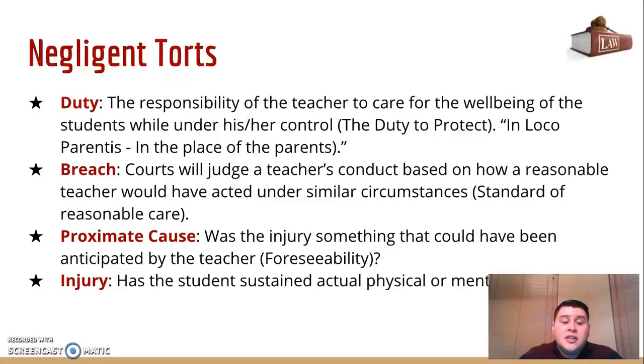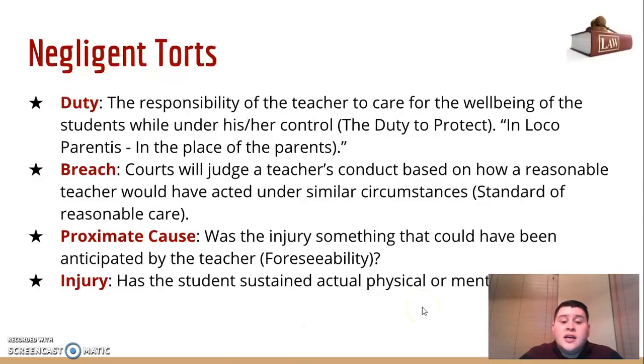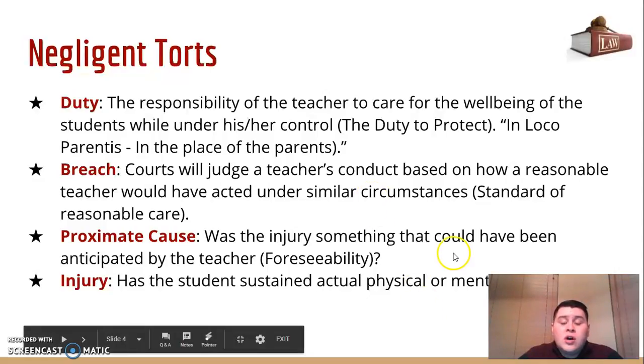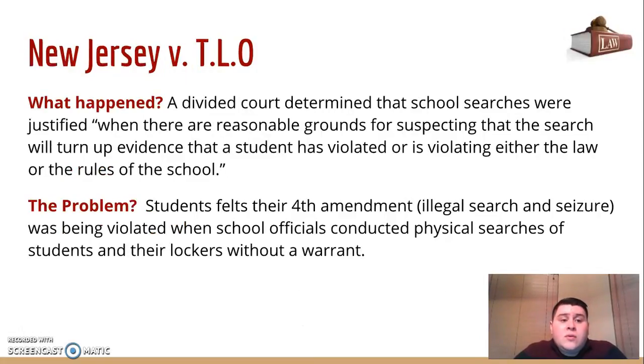She should have actually been in there, and there was a foreseeability that something could have happened, so she should have been in there, which falls under the negligent torts. And then injury, where in that case the student did sustain an actual physical and mental injury. And then I wanted to go into some of the cases that were within our readings.